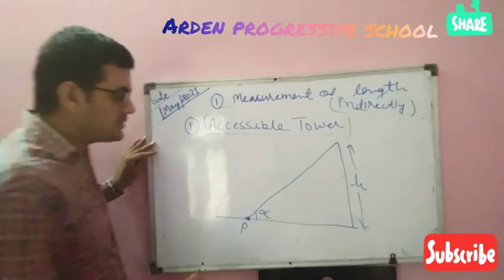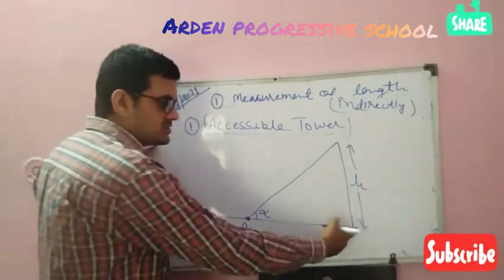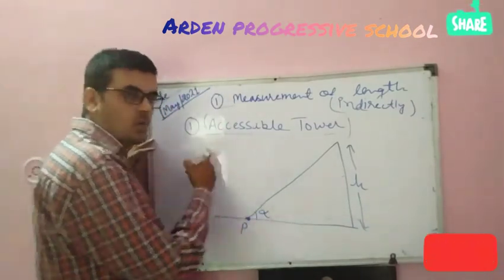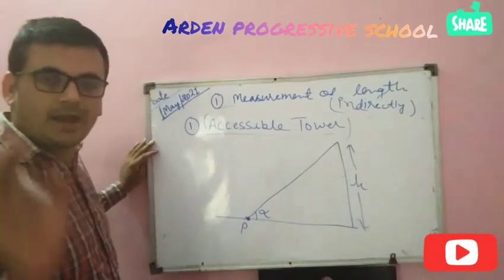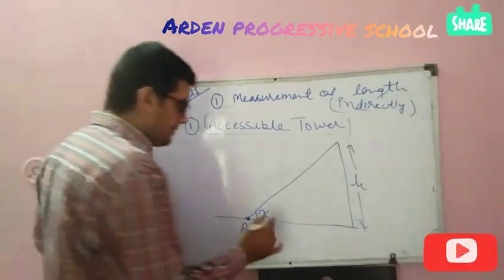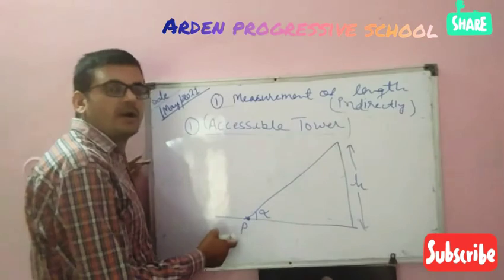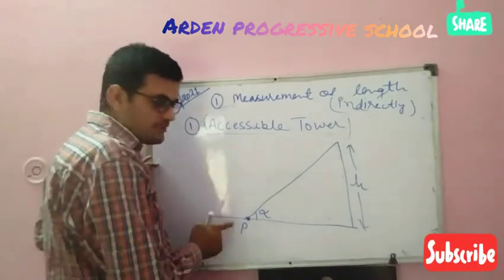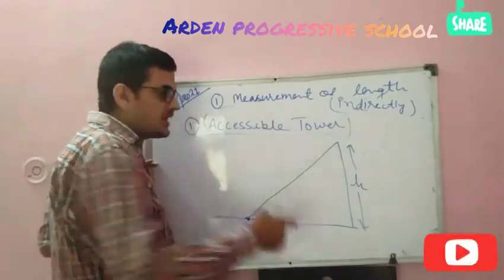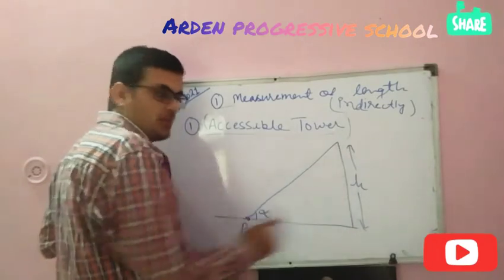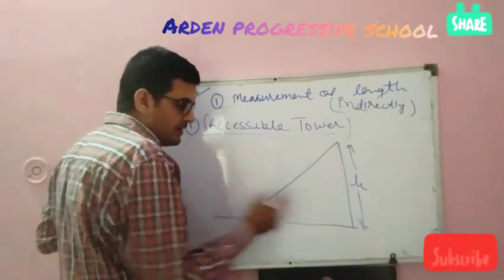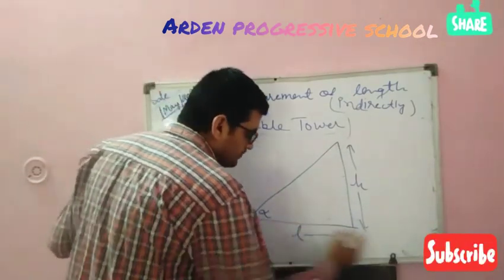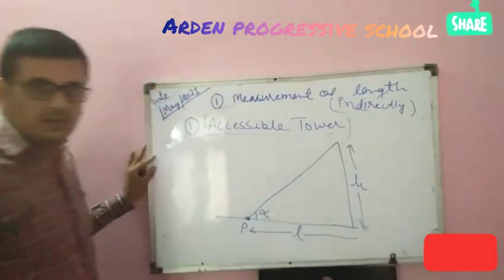Suppose we know this distance. Accessible means whose height can be found from the point of observation. We are not using any instrument to measure this. We are measuring this height from here, and we know this distance.